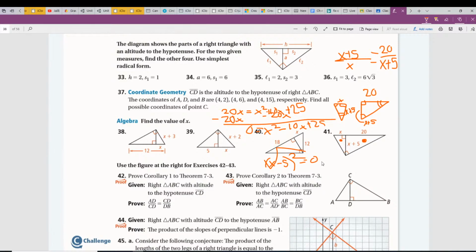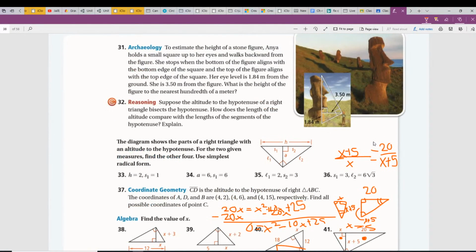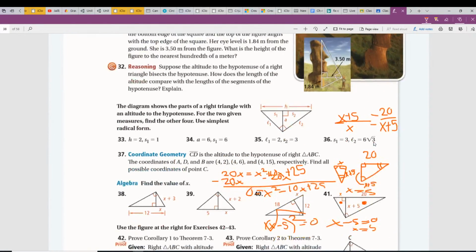Take the square root of 0. Get x minus 5 equals 0. x is equal to 5. Okay, so we know that x is equal to 5.